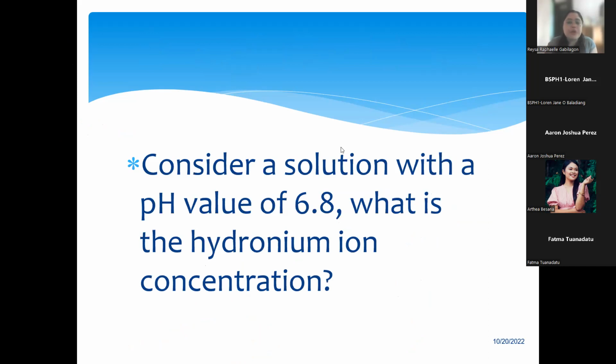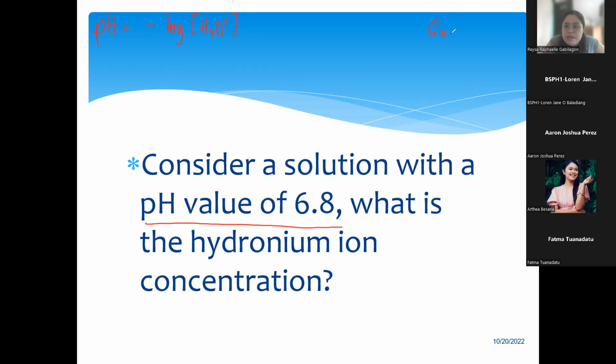Now, ito baliktad. Consider a solution with a pH value of 6.8. What is the hydronium ion concentration? Okay, so again, our formula: pH is equal to negative log of hydronium ion concentration. The given here is the pH. The pH is 6.8.